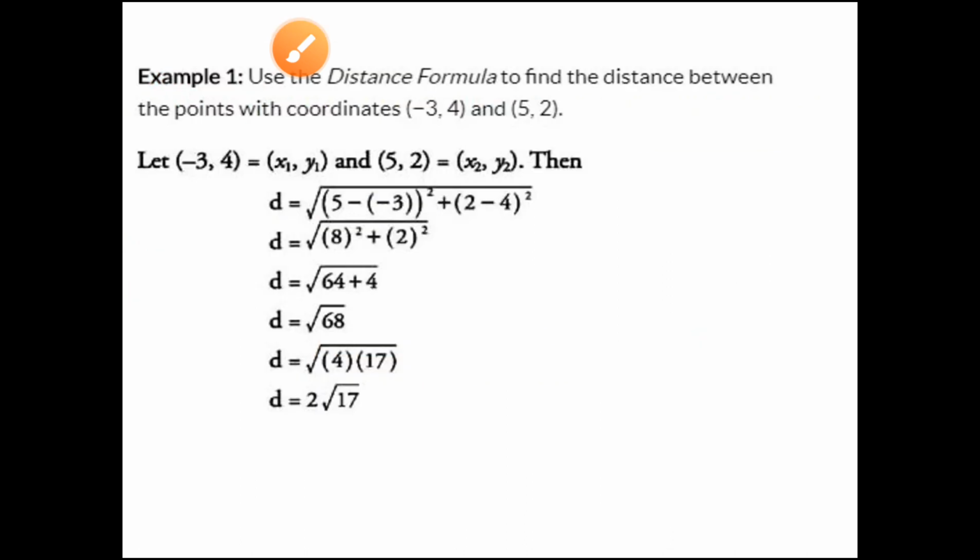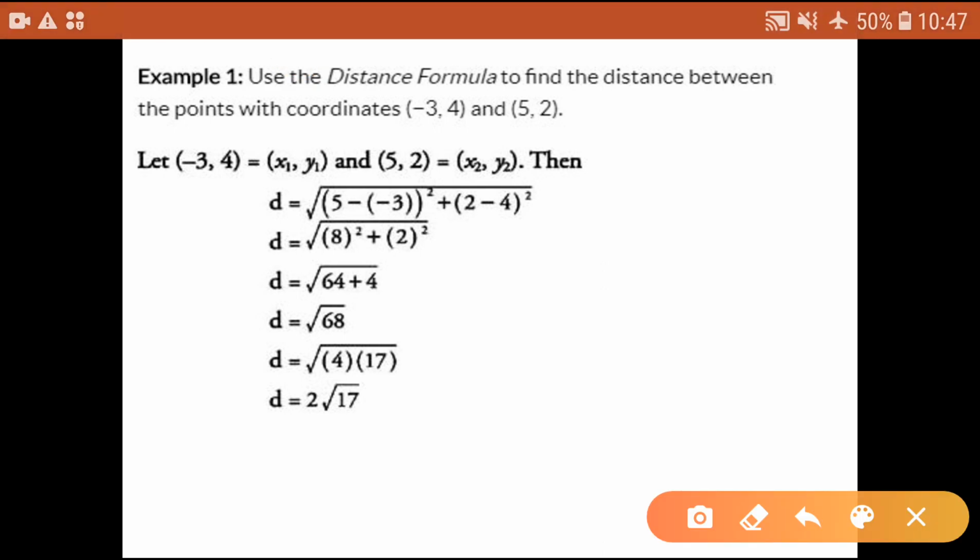Now moving on, we have used the distance formula to find the distance between the points with coordinates -3, 4 and 5, 2. Now first we have written over here, x1 is -3, y1 is 4, x2 is 5 and y2 is 2. So using the distance formula, we have x2 minus x1 whole square plus y2 minus y1 whole square, and this minus minus becomes plus.